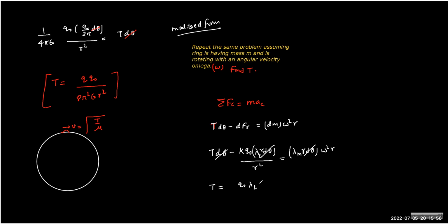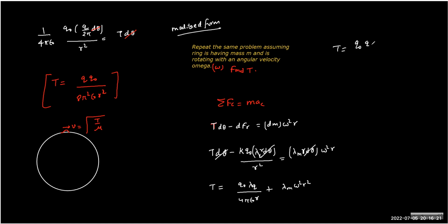And it will add up: Q naught lambda q upon 4 pi epsilon naught r, plus lambda m omega square r square. And now you can substitute the value of lambda q and lambda m. So what is lambda?